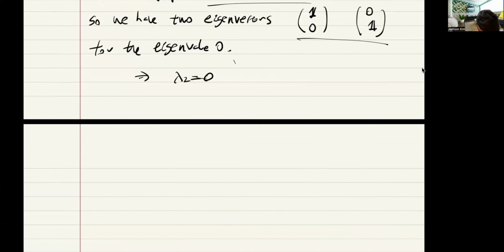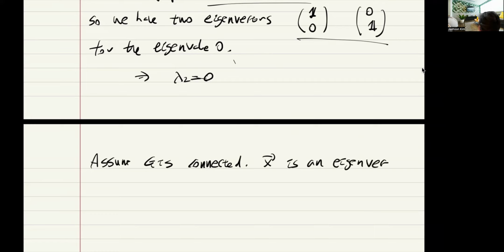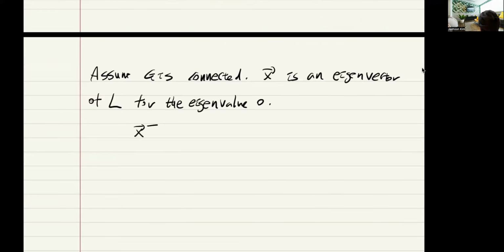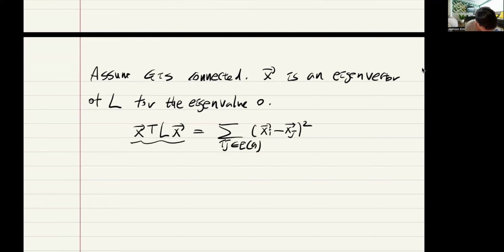On the other hand, assume G is connected, and let's say x is an eigenvector of L for the eigenvalue 0. Then what do we have? You consider its Rayleigh quotient. Using the definition of L, you can check that this is the same as this.